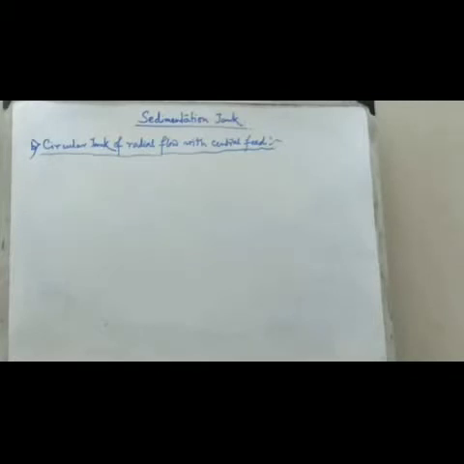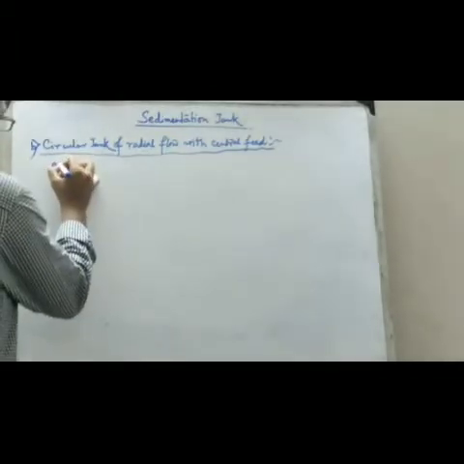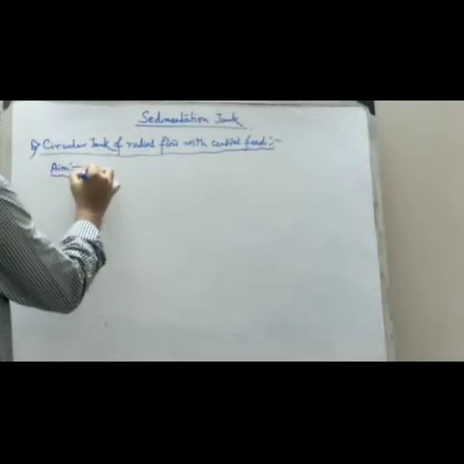The aim here is to provide uniform radial flow with decreasing horizontal velocity towards the periphery. So please write down, what is the main aim of this circular tank?